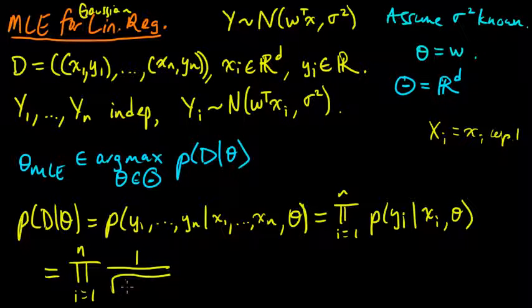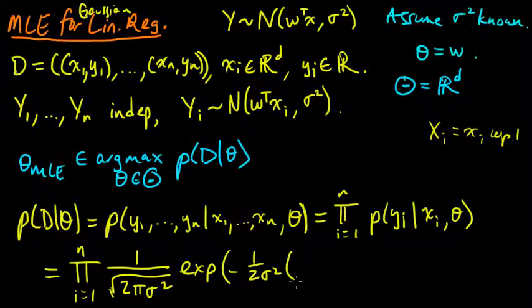It's 1 over the square root of 2 pi sigma squared, e to the minus 1 over 2 sigma squared, times yi minus the mean, which is w transpose xi, that difference squared.